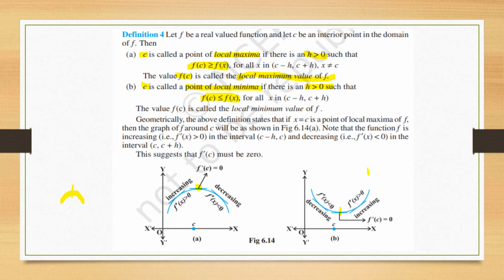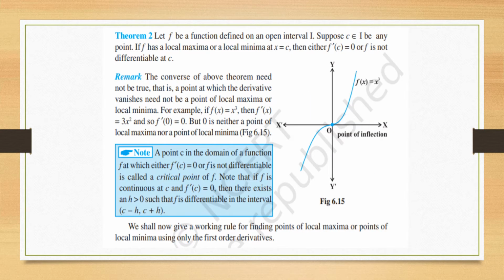The curve is like this, and here the minimum will exist. So f of c is less than or equal to f of x. That means at c all other values are greater and at c the value is less. So we say it is the case of local minima and f of c is called the local minimum value of the function. This is how we interpret this result.